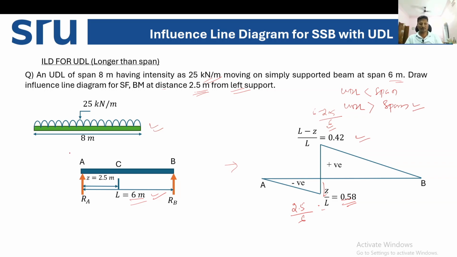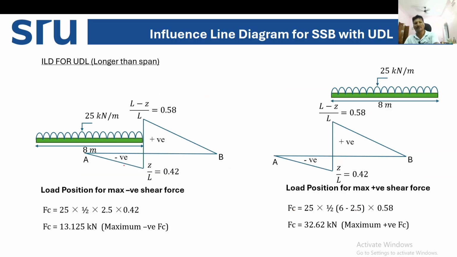Then we'll see how the UDL is moving on the beam and how we can calculate. So the first case is when the UDL is moving from left to right. Imagine when we'll get the maximum negative shear force, and at what position of the load.